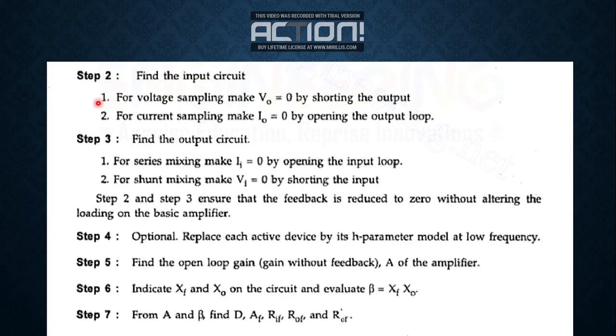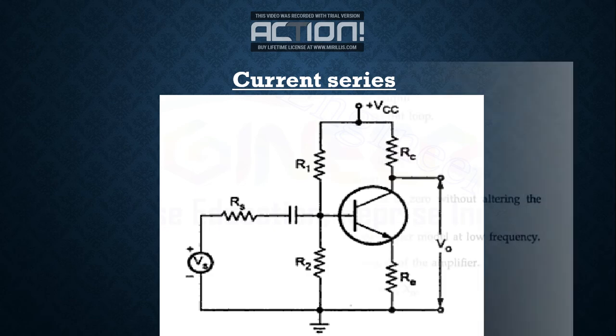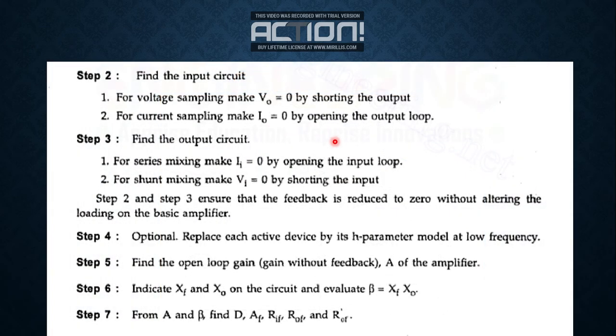The step 2 and 3 will be we have to build a circuit, input and output circuit separately for these amplifiers. This is also an important thing. If we fail, then it will lead to a hectic state. So step 2 and 3 includes building up of circuit, which includes input and output separately.